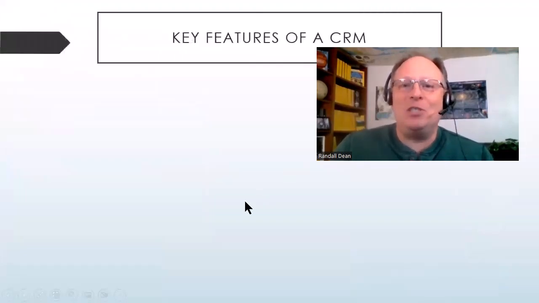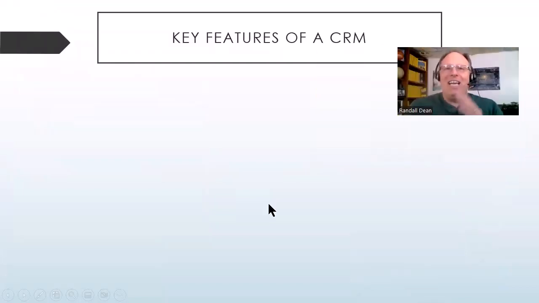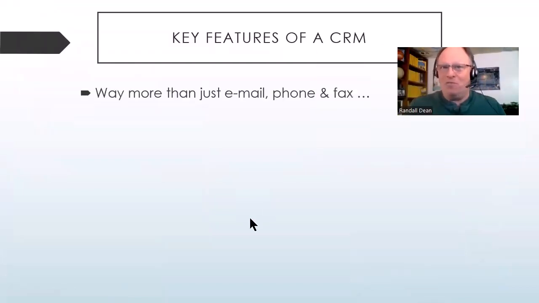Let's talk about some of the key features of CRMs. I'm going to make myself a little smaller here so that I can show this information. It's way more than just email, phone, fax, and text messaging.